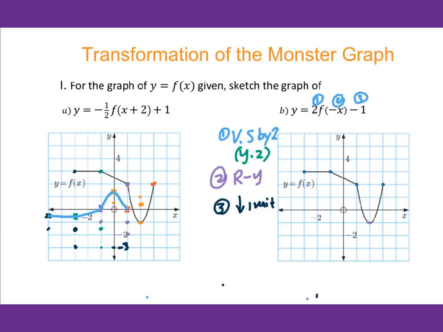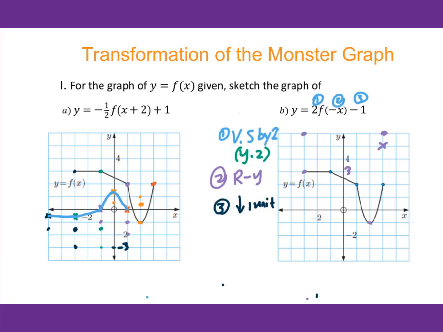Now I will get started with the first points. Vertically stretched by factor of 2, that's your y coordinate. This is a 3. Multiply by 2, go here, go to 6. Then reflect across y-axis. Then we go here. Go down 1 unit.